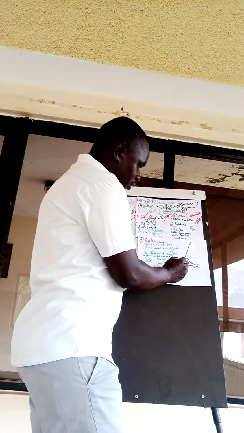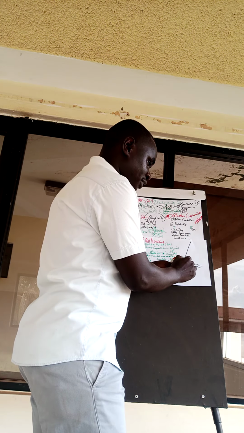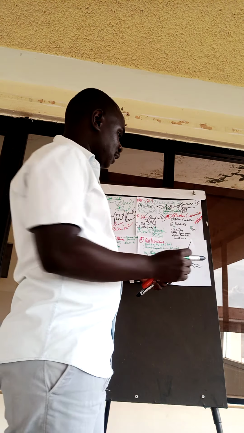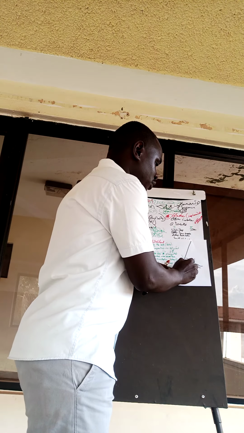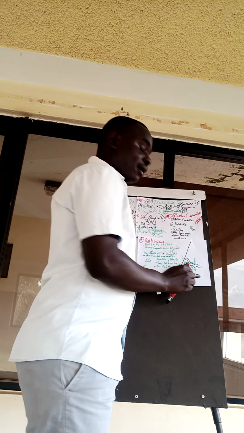On the glomerular filtrate here, we find that glucose will easily penetrate. But glucose is always reabsorbed back into the system. It is always reabsorbed along the tubule.